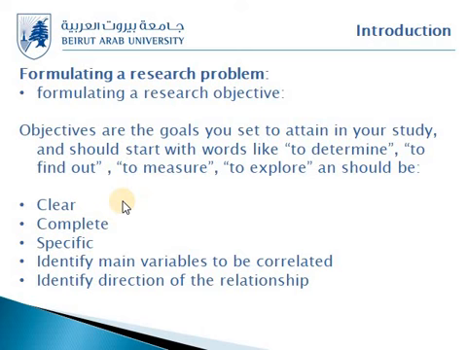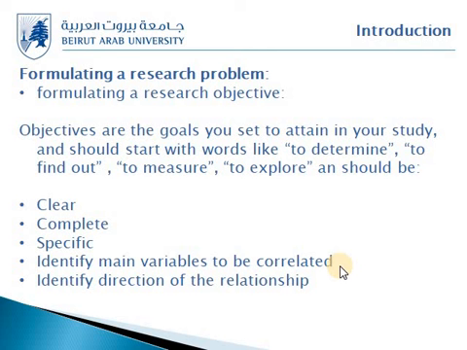Now, you need to know that if you're having a correlational study, in addition to having these three main characteristics of any objective, the wording of the main objective should also include the main variables to be correlated.